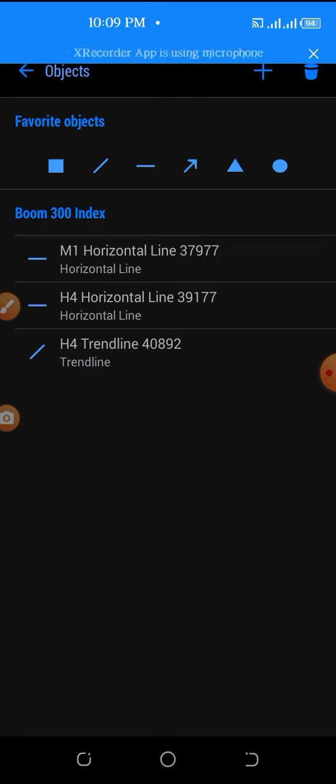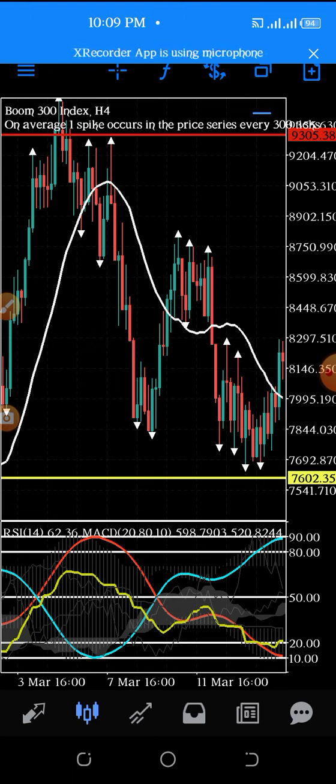Then click on the horizontal line, the third line from the left, the center one. Click on it, come to the chart and drop it. That's how you can draw it. Click on it and it's selected; click again and it's deselected. You can move it down or move it up. That's how to draw this line.